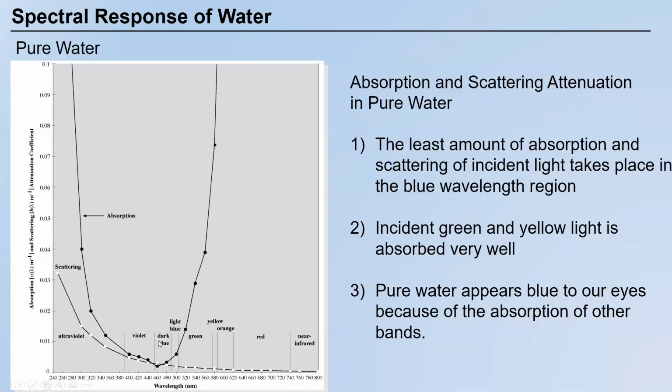Okay, and again, you can see that within the blue band and the green band, the scattering of the water is also very weak. So within blue and green, water barely absorbs and barely scatters. So it means that most EMR within the blue and green band is reflected by water.